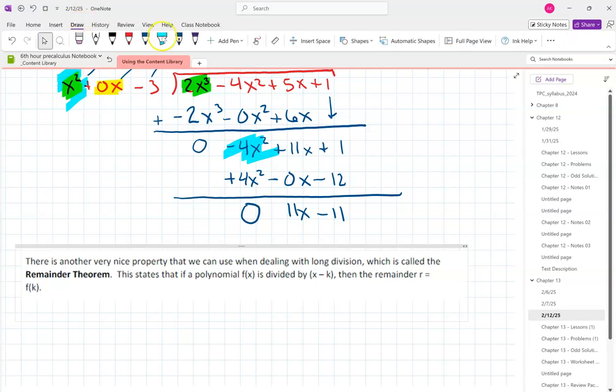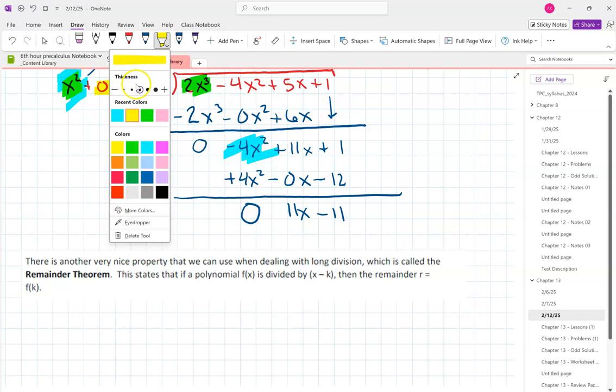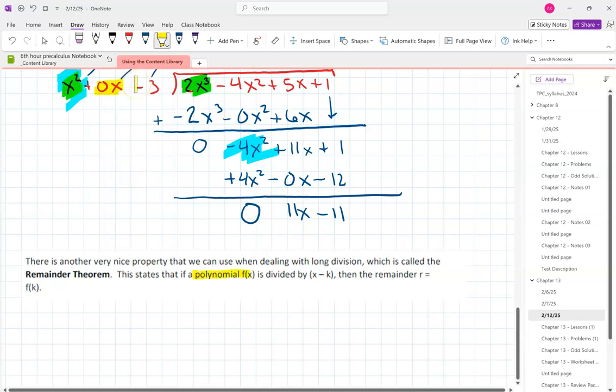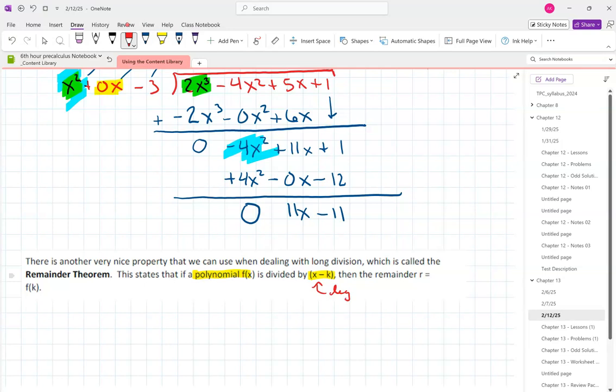No problem. What this says is that if I have some polynomial f of x, and I divide it by some other polynomial x minus k, so that's a polynomial with a degree 1 and a leading coefficient 1. Those types of polynomials have a special name. They're called monic polynomials.